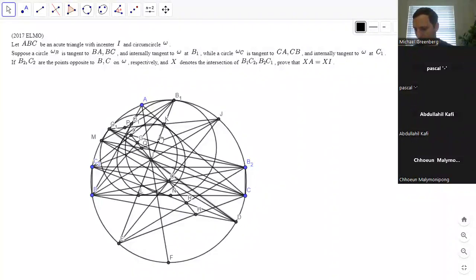And this shows that G lies on it. So ultimately we want to show what? X, O, and I are collinear. So I can show X, O, and I are collinear by doing Pascal's 5 times. I don't know if it needed to be that hard, but I got it eventually. So let's just assume X, O, and I are collinear.